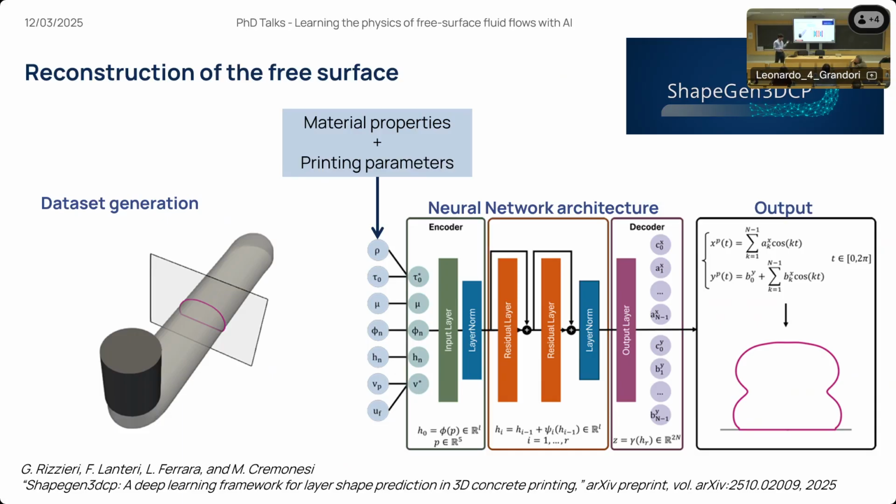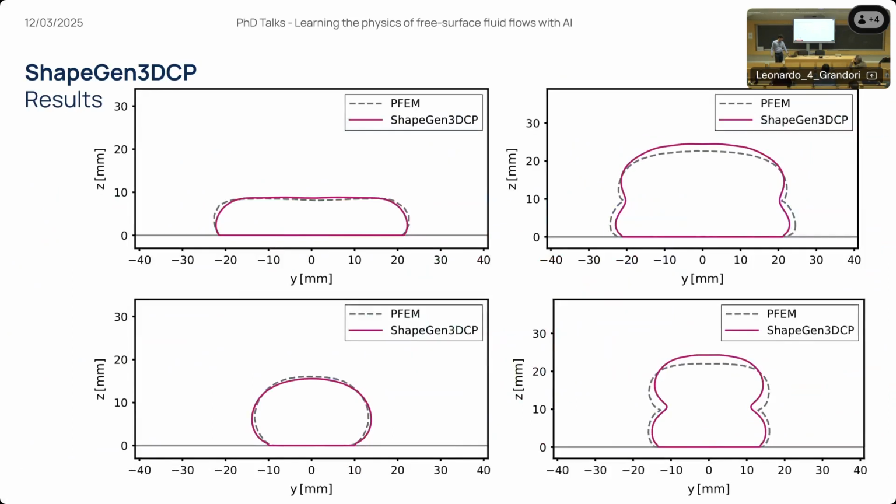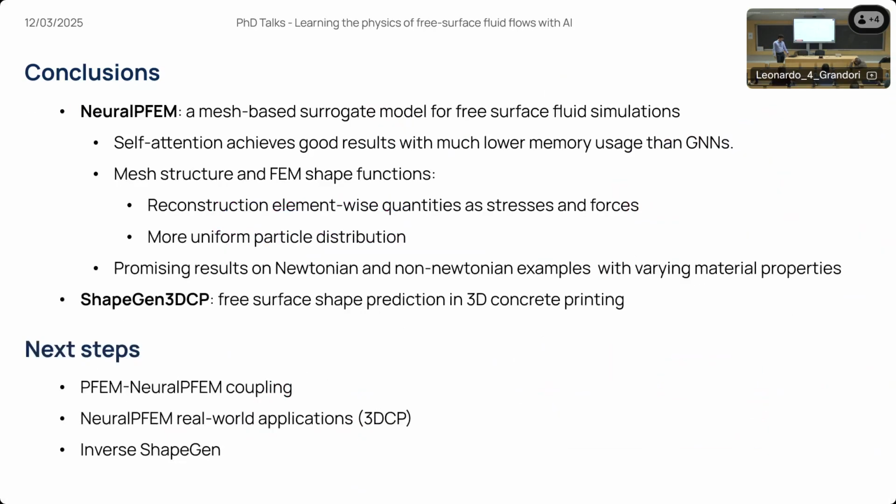We generated a dataset of almost 200 3D printing simulations, and we parameterized the shape of the cross section through Fourier series, and we are able to reconstruct quite accurately and immediately the cross section of these shapes.